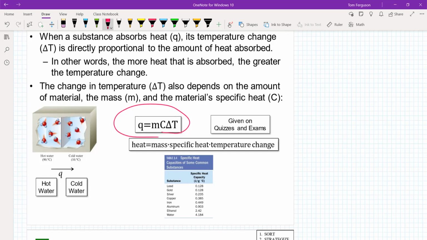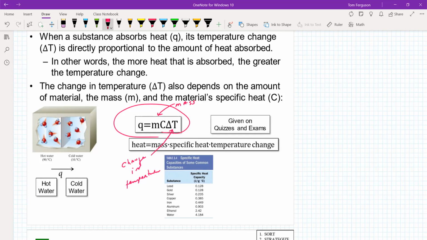So this is mass. The delta T is the change in temperature.